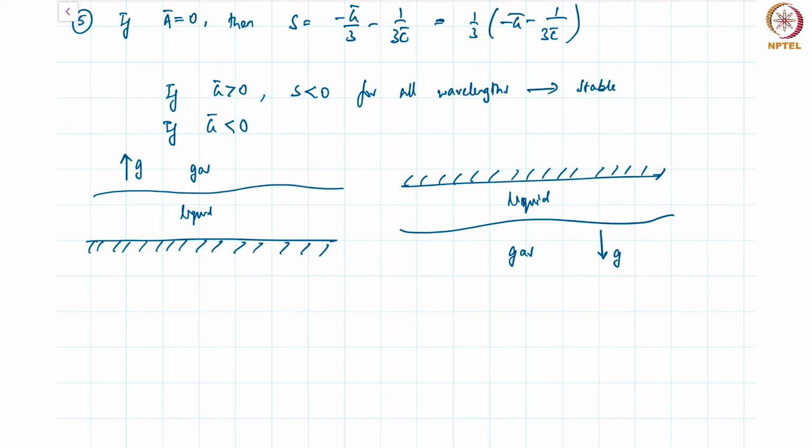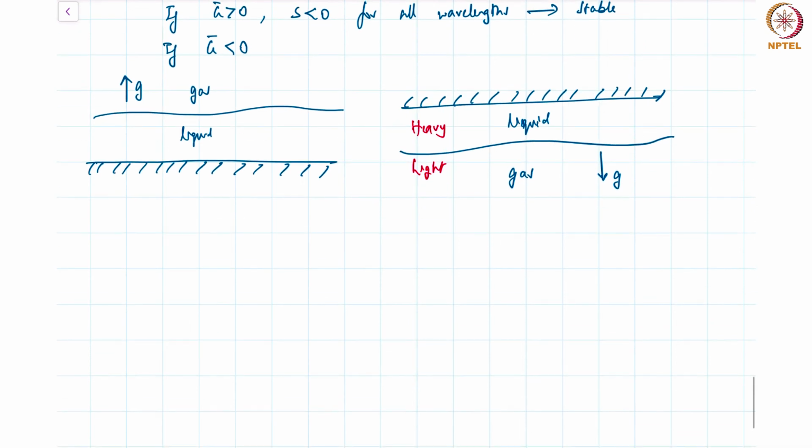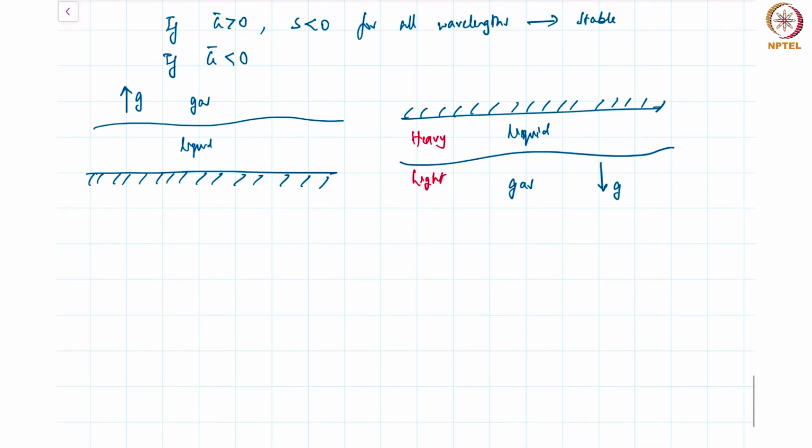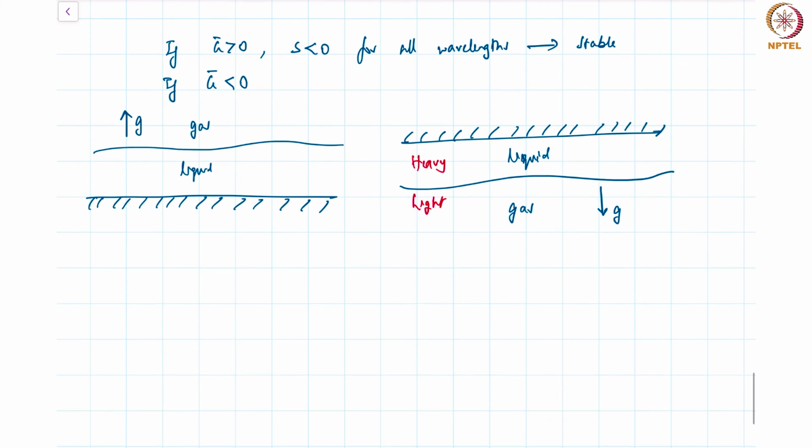We know this is an unstable configuration intuitively, because a heavy fluid over a light fluid would be unstable. Well, not always. It's unstable provided the gravitational forces are able to overcome surface tension forces. What does this mean in terms of the dispersion relation? If G bar is less than 0, then S becomes 1 by 3 times the magnitude of G bar minus 1 by C bar.